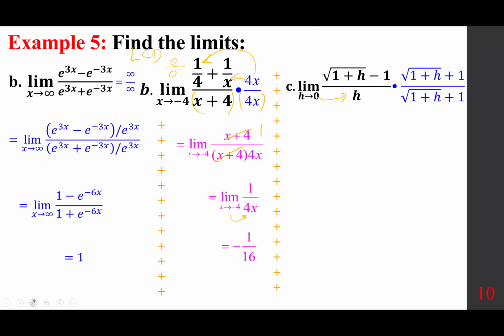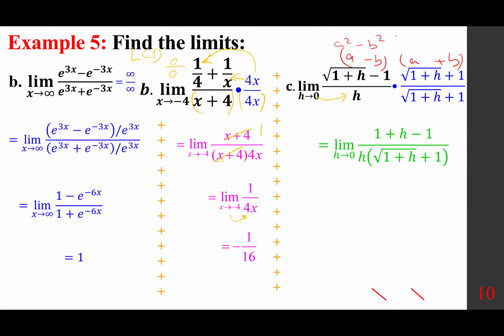Why do we do that? A minus b, a plus b is a squared minus b squared. So you square the first one, comes out as 1 plus h, minus square the one, you get 1. 1 and negative 1 cancel.